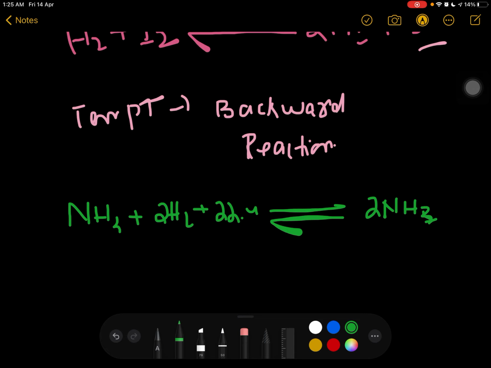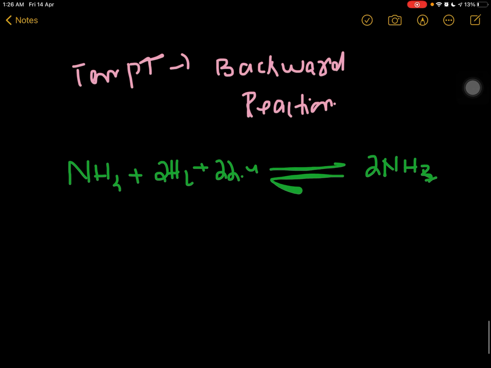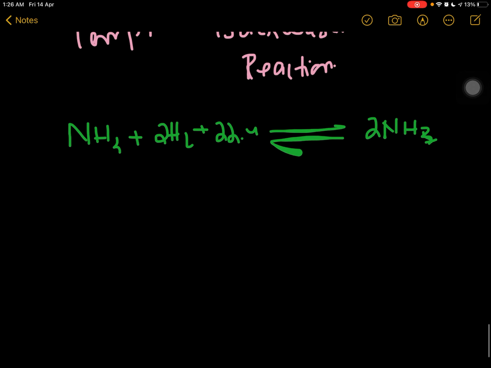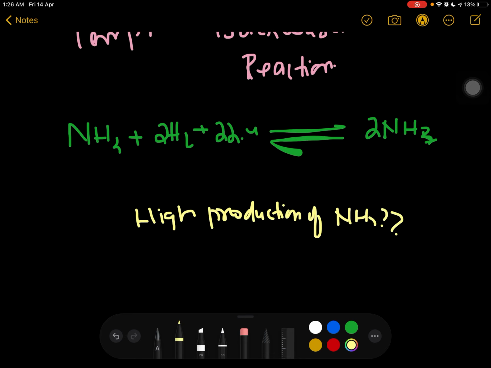If I ask whether the temperature should be lowered or raised if I want high production of NH3, what should I do?